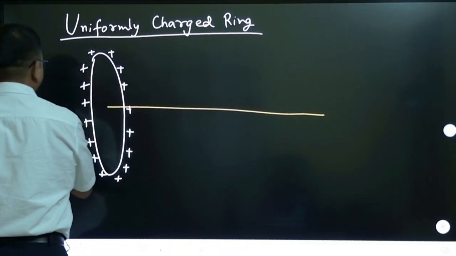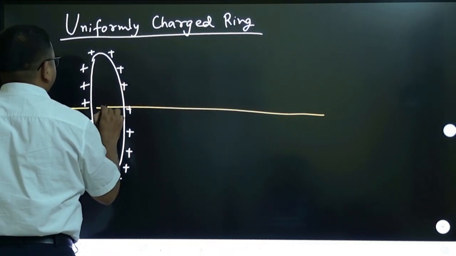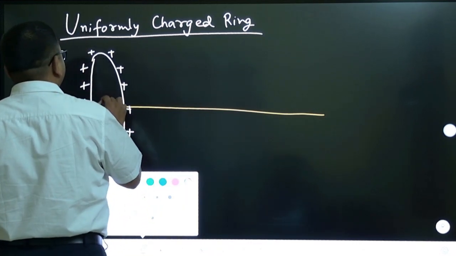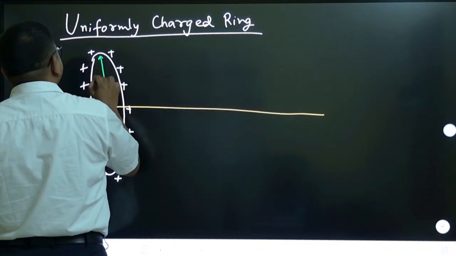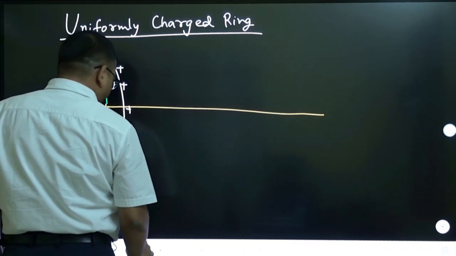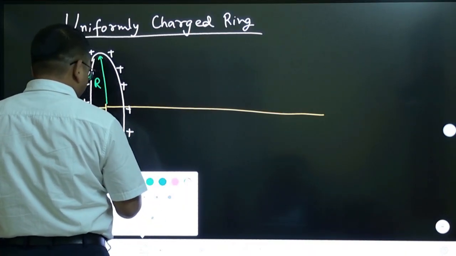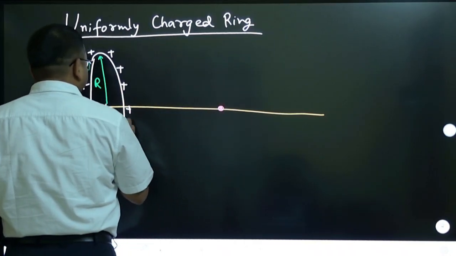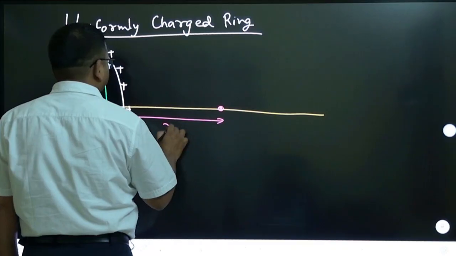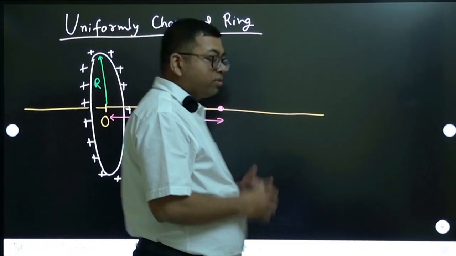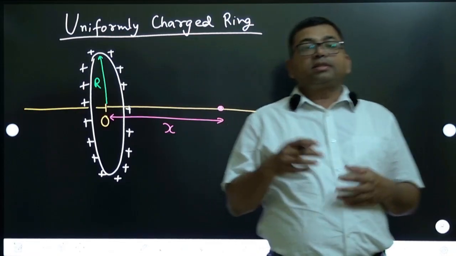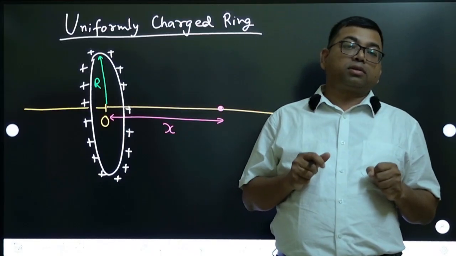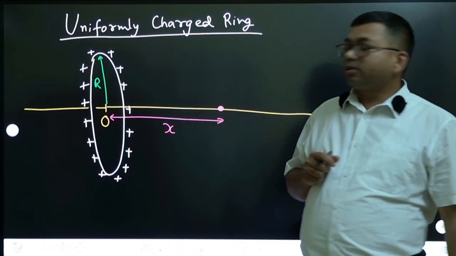O is the origin, the center, and the radius is r. So we want to find the field at some point on the axis at a distance of x, right? You want to find the field at this point. Not only field, we also want to calculate the potential. Both things we want. So let us first calculate the field.